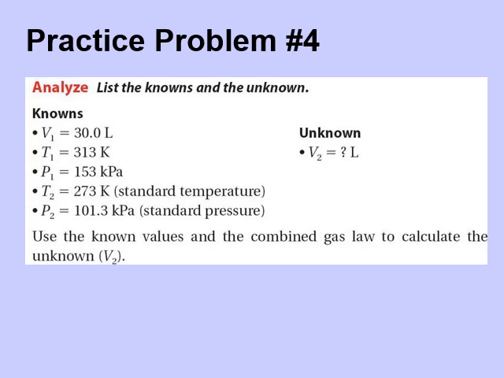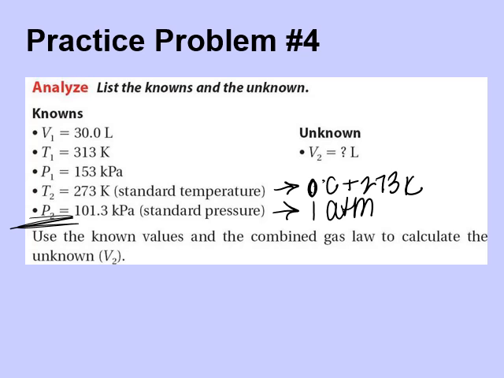So we need to list out our knowns and our unknowns. P2 here, that 103, is equal to 1 atm. There was a little bit of a conversion there that we did not get to see. Same here, T2 is equal to 0 degrees Celsius, but we have to add 273 to that.